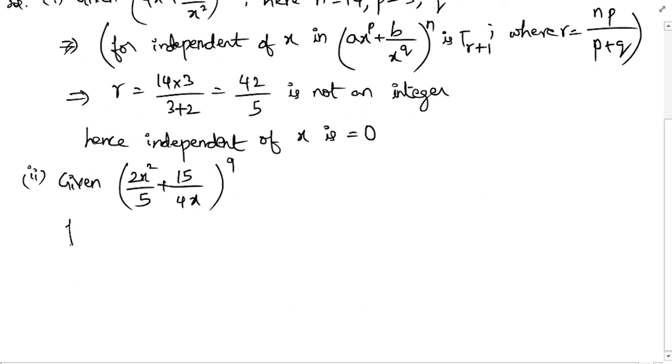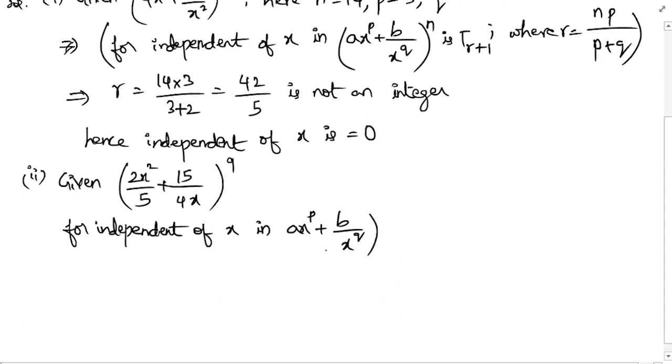For the term independent of x in (a x^p + b/x^q)^n, it is T(r+1). Here again I'm explaining you the same thing, where r is equal to np/(p+q).